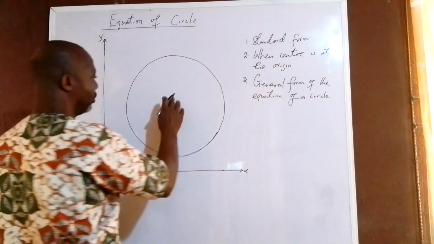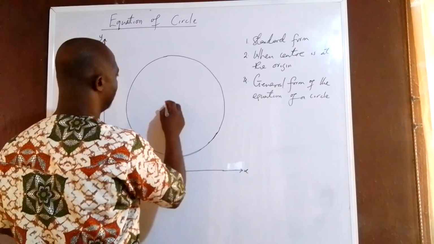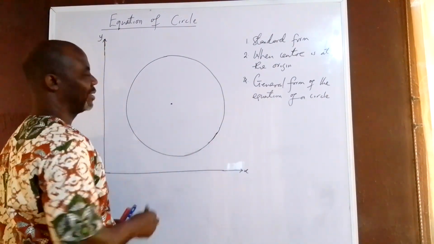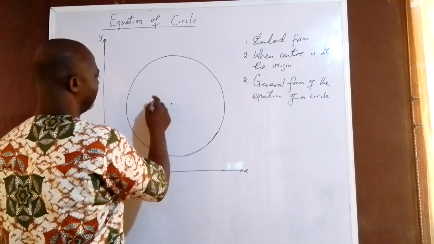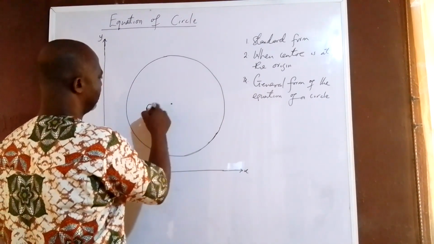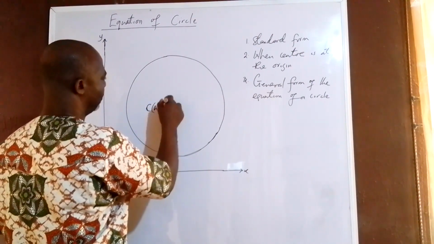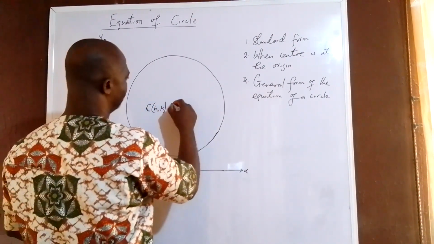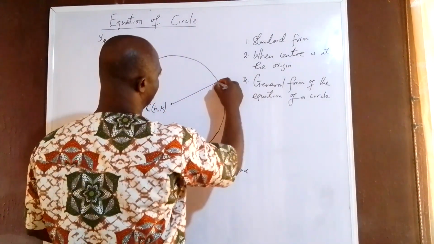So what I'm going to do now is, first of all, this circle has a center, and the center is at point H and K. Now from the center I'm going to draw a radius.